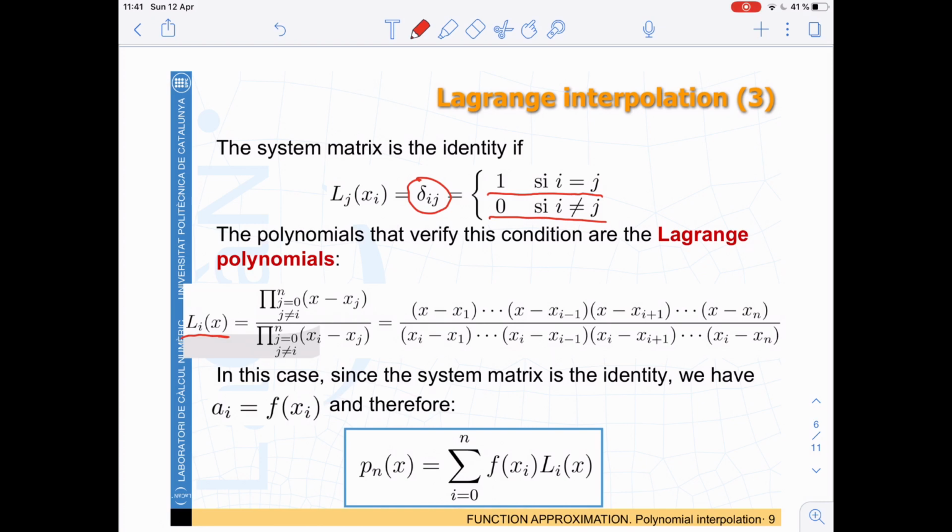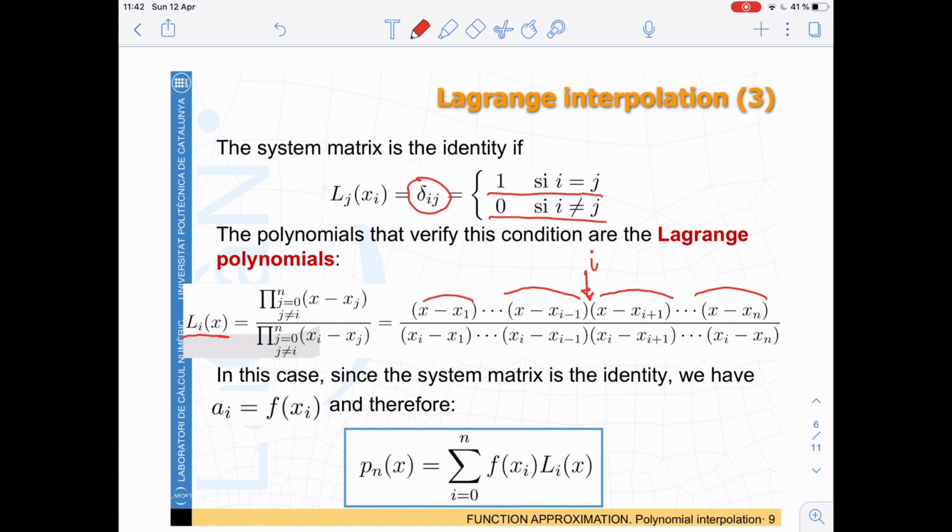In the numerator, we have the product of x minus x1 dot dot x minus x(i minus 1). Please note here that we skip x minus xi. The next term is x minus x(i plus 1) dot dot x minus xn. With this polynomial of degree n in the numerator, we ensure that Lj(xi) is 0 for i different from j.